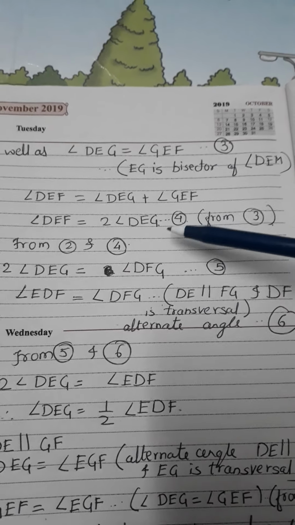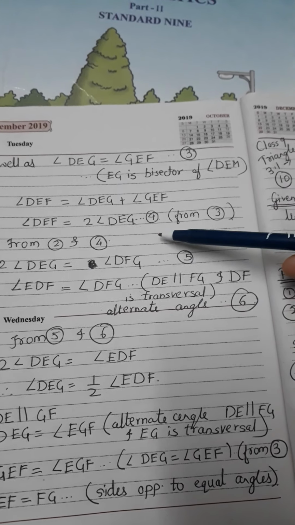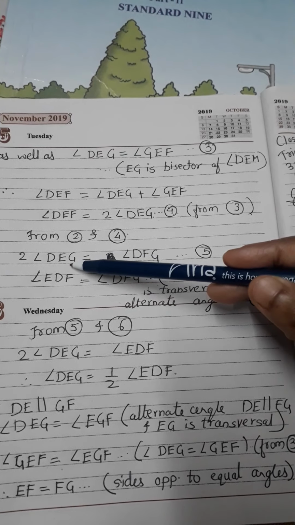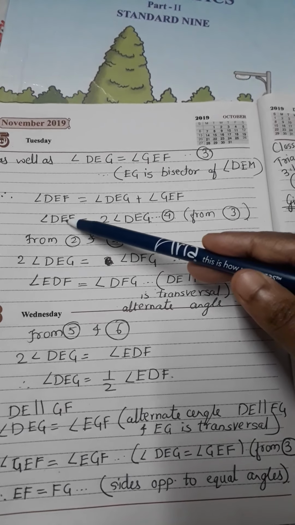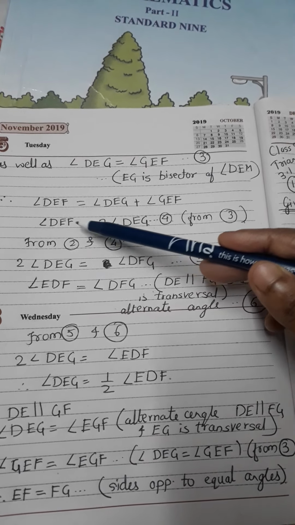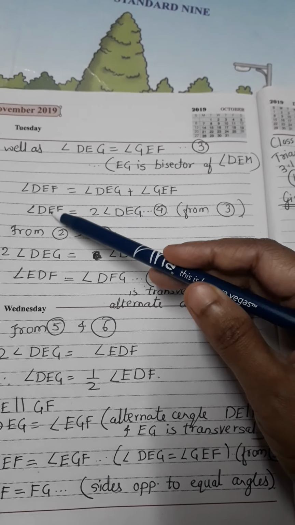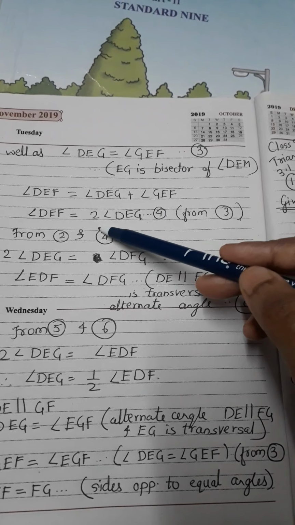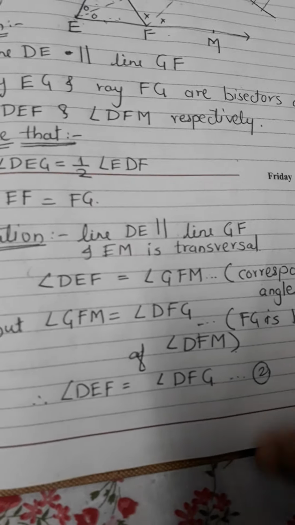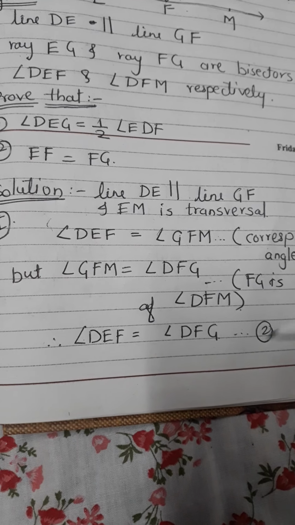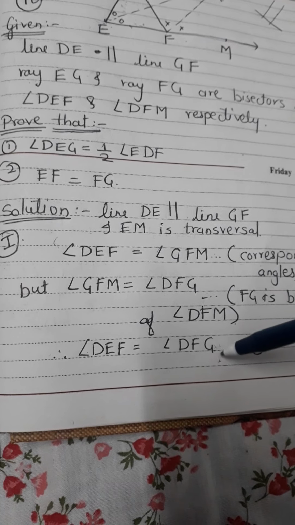Then from this, 2 and 4, what I get is twice angle DEG will be equal to DFG. So here I got DEF equal to twice angle DEG, and that is my fourth statement. Now you can see my second statement, that DEF is equal to angle DFG.